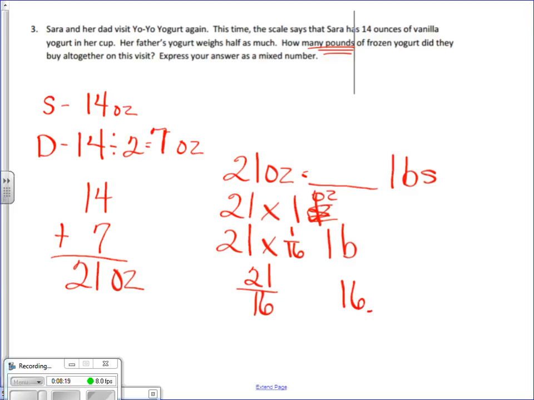So 16 into 21. 16 goes into 21 1 time. 1 times 16 is 16 with 5 left over.